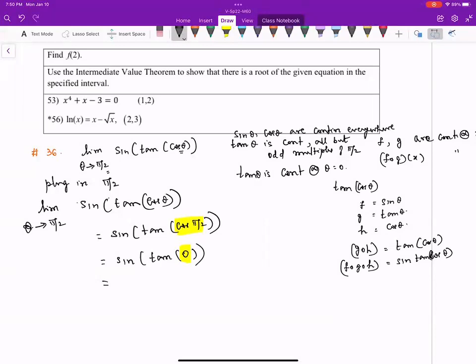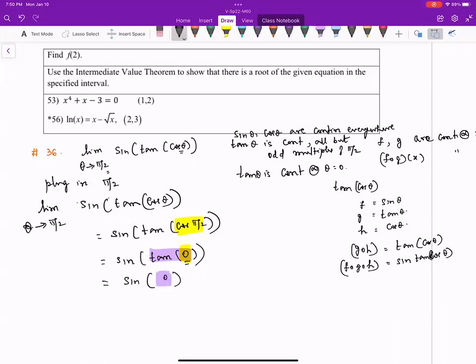Tan of pi by 2 doesn't exist, right? Tan pi by 2 is sine pi by 2 over cosine pi by 2, so it approaches infinity there. But as long as the domain is 0, it is continuous there. So tan 0 is 0. Now we are going to consider sine of 0.